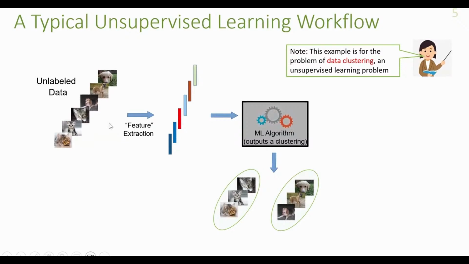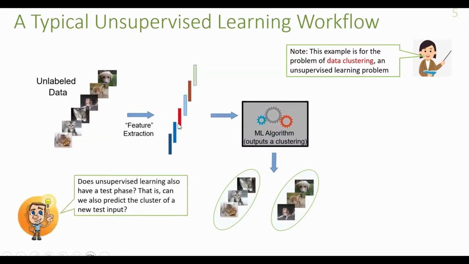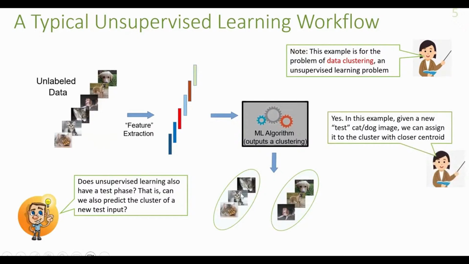But again, we have to follow the same pipeline. In the first step, we extract features from the raw images, and then we pass these feature vectors, these numerical representations, as an input to our machine learning model, and the model will give us the desired clusters, desired groups, right? And how is this model grouping these images? Based on similarity.